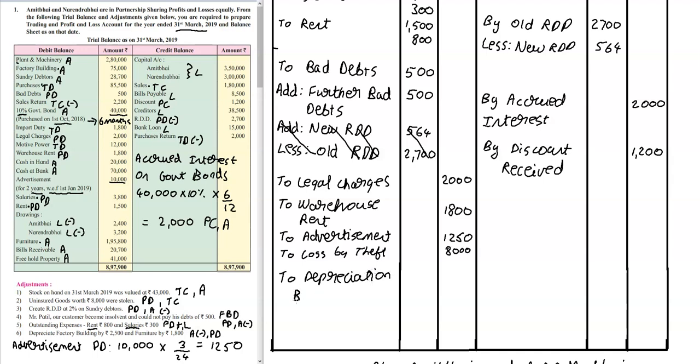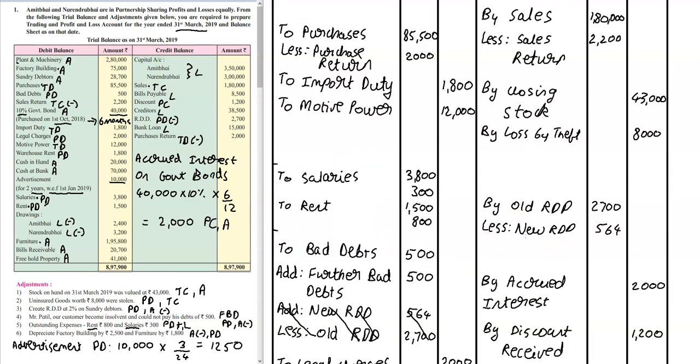So we have building for 2,500 and furniture for 1,800. And yes, it's factory building, so let's squeeze that in. With that, we are done with all our adjustments.